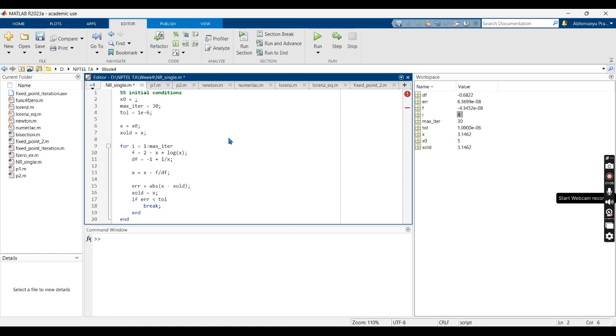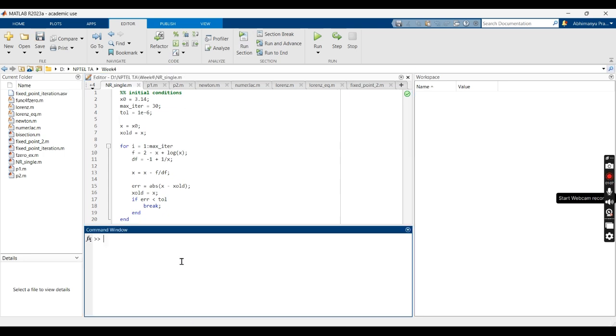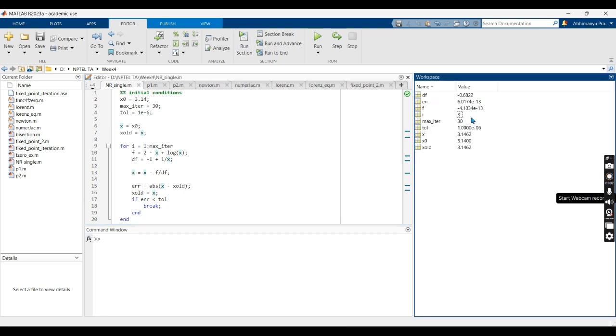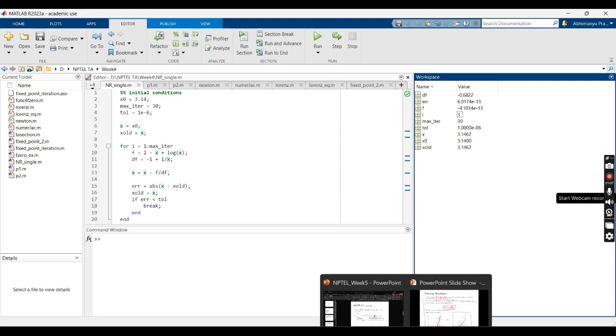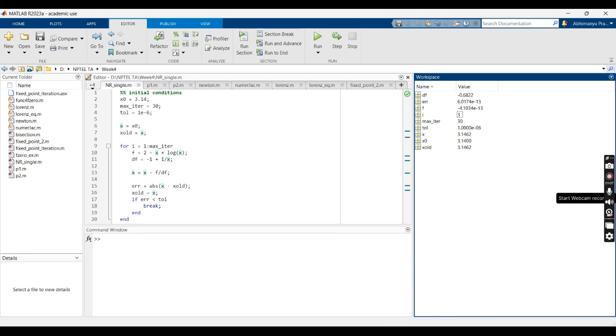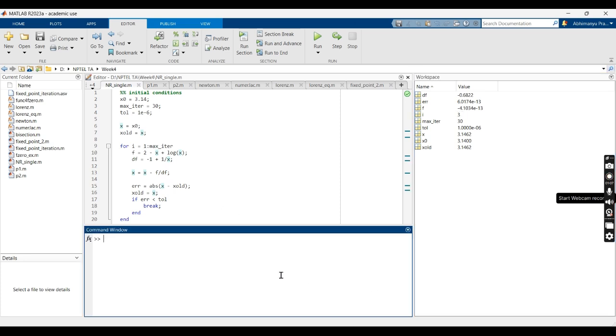So let me give 3.14. It will converge much faster for that. So it converged in 3 iterations only, and it has converged to 3.1462. Okay. So the second root of the problem.